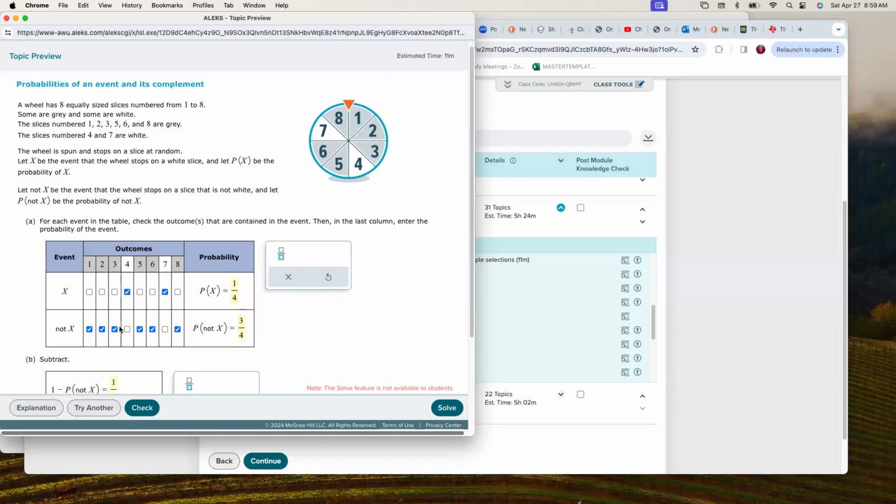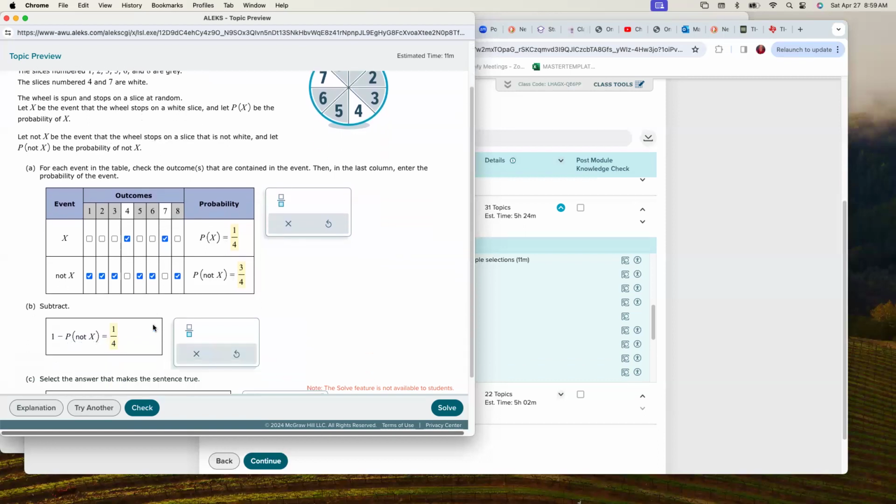And all you have to do is, this table is just a way of organizing what all these outcomes are. We're more concerned here not with the number, but with the color of the wheel, either white or gray in this case. And now we want the probability of it not being white. Well, there are 6 of those that are not white, and 2 of them that are white.